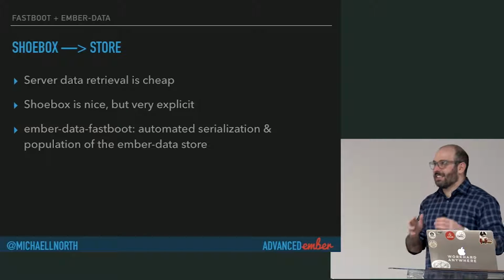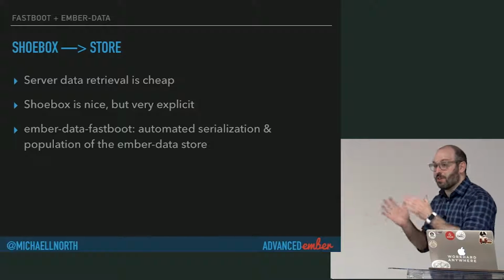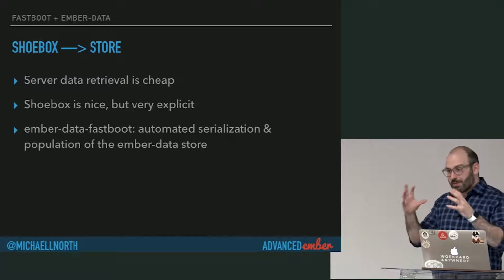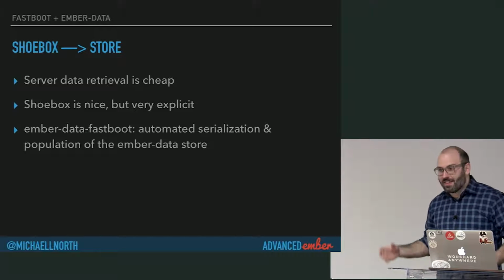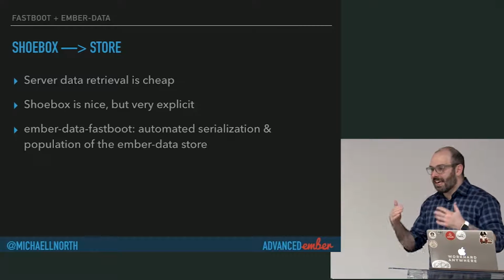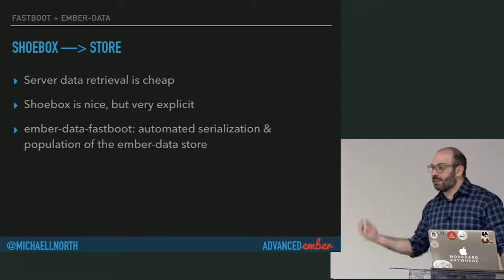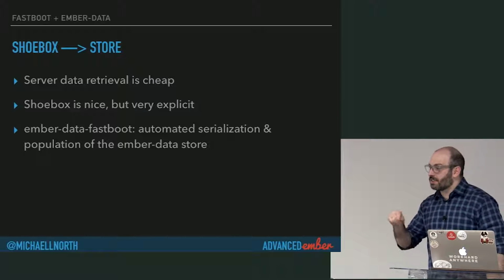It's the target to which it normalizes everything. So it will store those structures in a shoebox store, and then as your app boots up in an initializer, it will shove that stuff into the store, doing this.store.push.